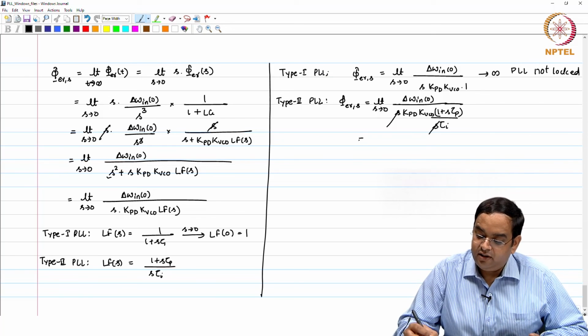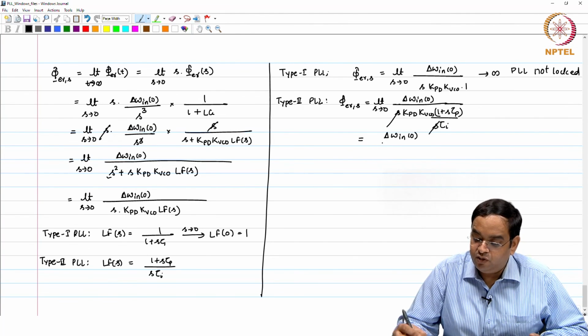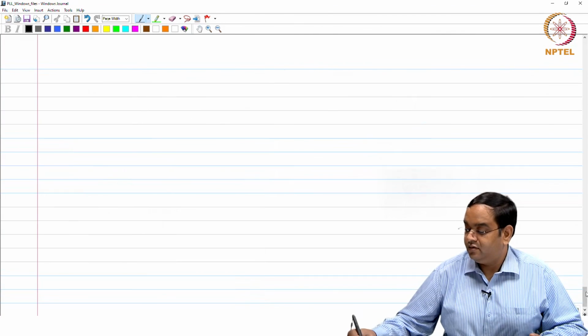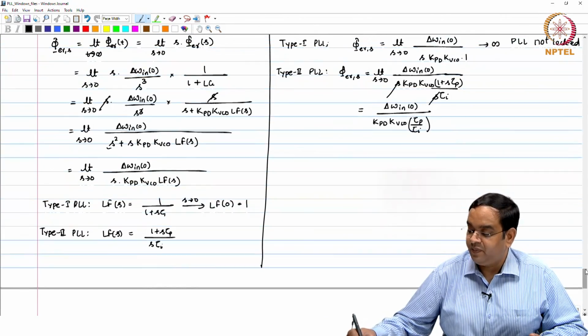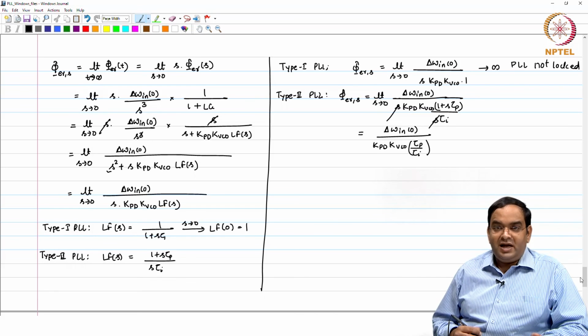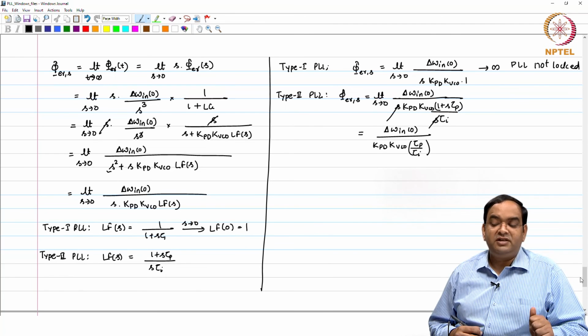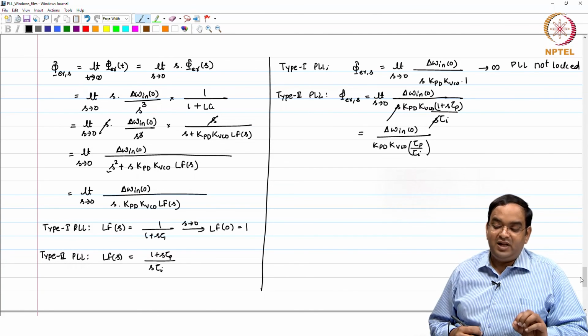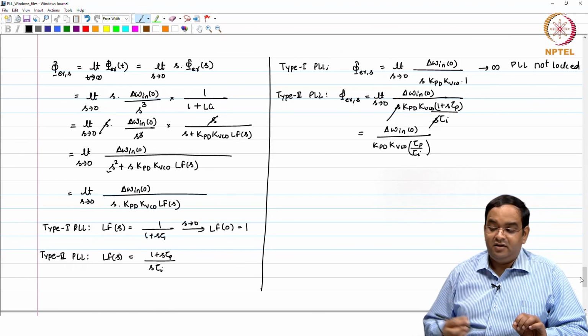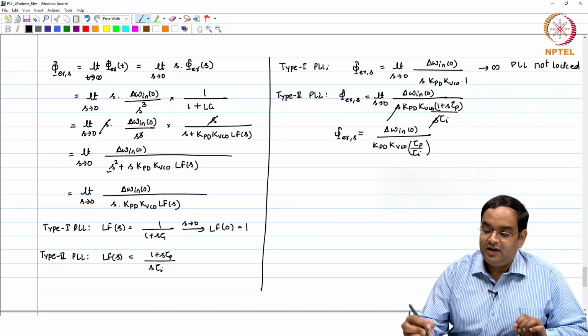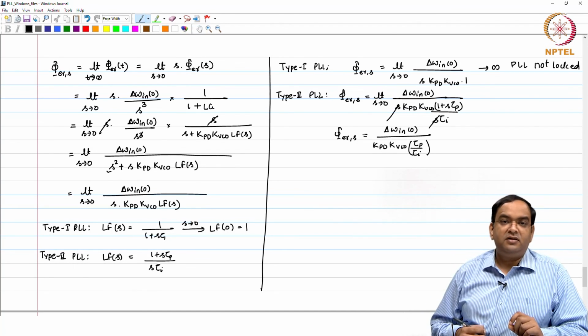What you see here is, as S tends to 0, I substitute now, delta omega in 0 divided by KPD KVCO into tau p by tau I. This is interesting: when the change in the input frequency is given as a frequency ramp, in a type 1 PLL it will lose lock, but in a type 2 PLL you will have a fixed phase error given by this at the output of your phase detector.